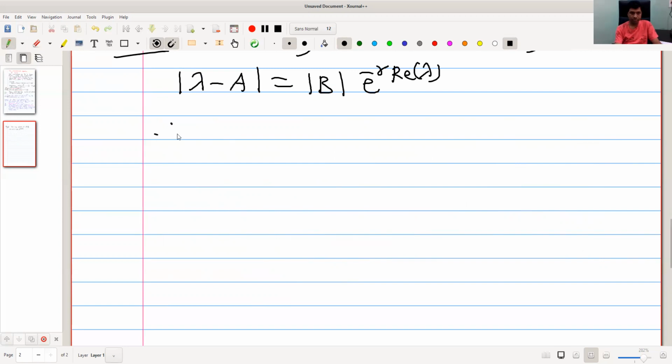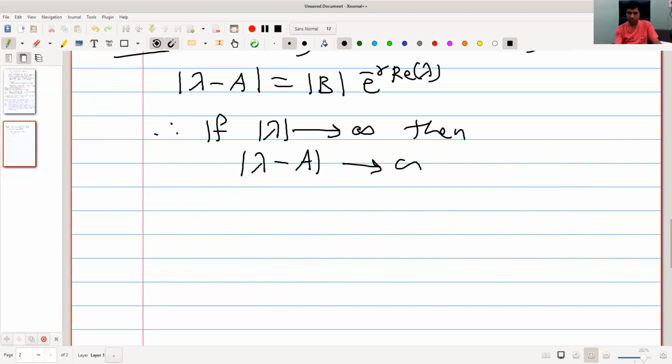Therefore, if mod lambda tends to infinity, then mod of lambda minus a also tends to infinity. Let me call this 3. Therefore, the left hand side of 3 tends to infinity, which means the right hand side of 3 tends to infinity. But b is a fixed number, so this cannot change.